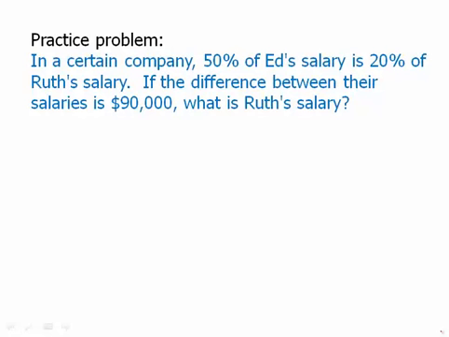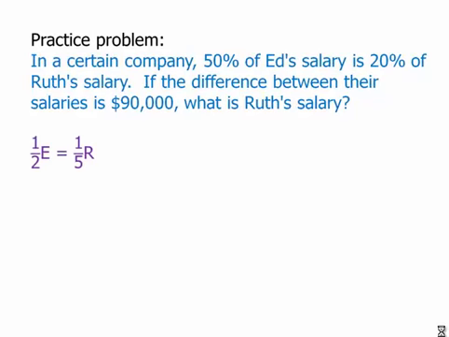Okay, so first of all, 50% of Ed's salary. We could write that as 0.5, or we could write that as 1/2 of Ed's salary is 20%. So that's 0.2 or 1/5 of Ruth's salary. So we can write this in terms of fractions.